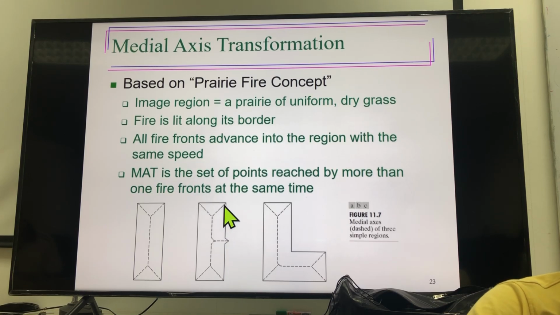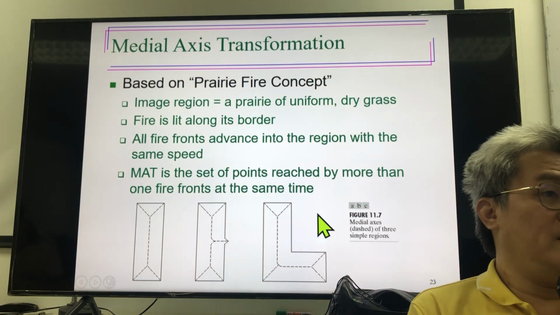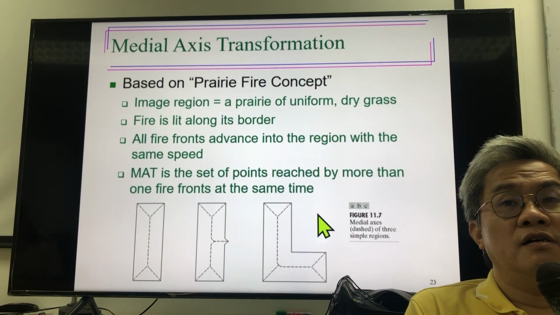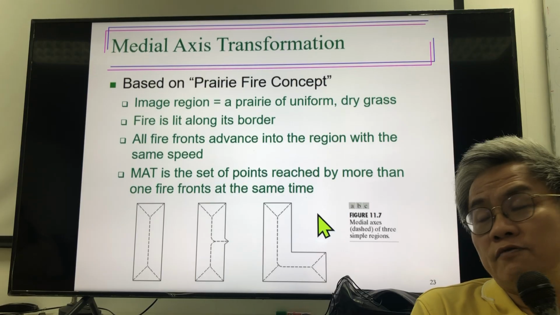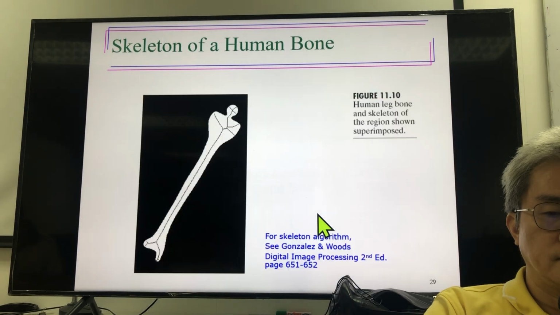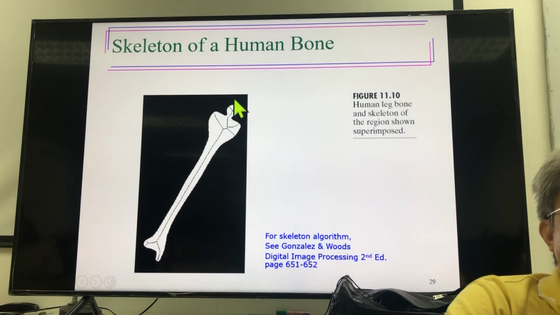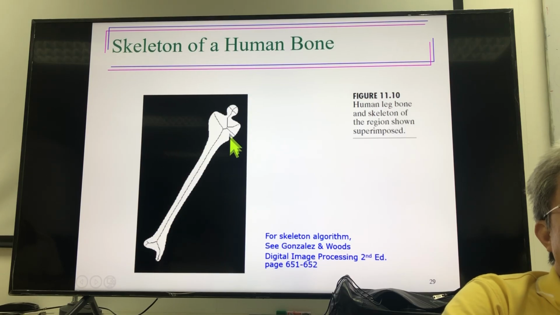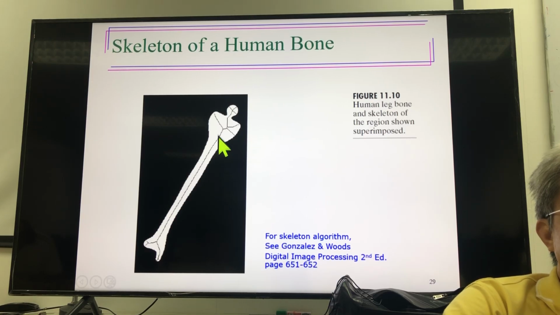You get from this line coming in, and then it becomes like this. We find that the skeleton is quite unique for different objects. This is the way to represent the skeletons. So instead of keeping the whole image, we can just keep the skeleton of the object.